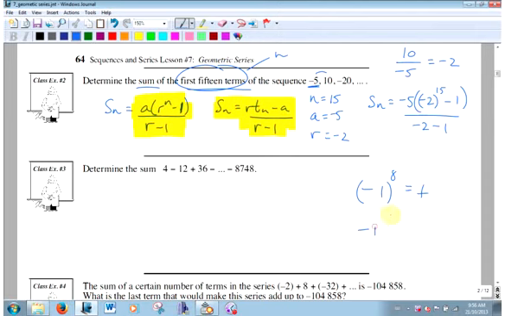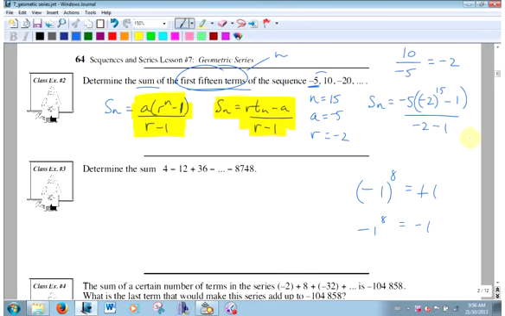If I don't put brackets there, BEDMAS says I do the exponent first. 1 to the 8 is 1. Then I do multiplication, division, no, addition, then subtraction last, which is -1. Okay? These brackets are important.